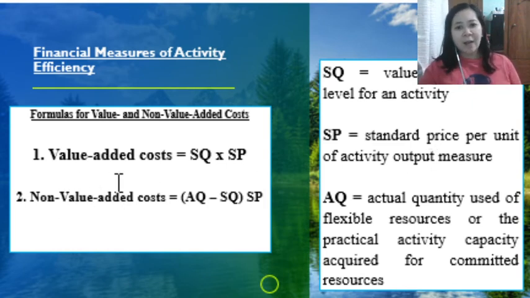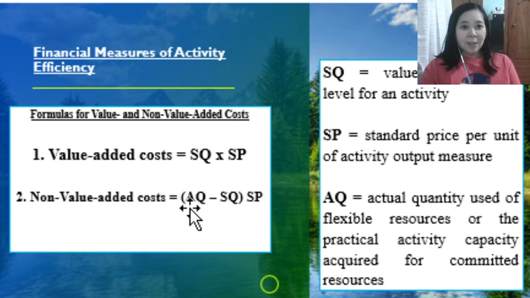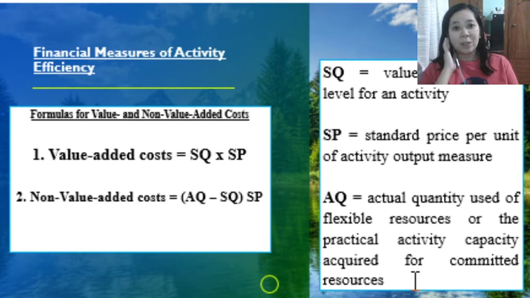For the non-value added costs, our formula is the product of AQ minus SQ multiplied by SP. SQ and SP were already defined. What about AQ? AQ is the actual quantity used of flexible resources, or the practical activity capacity acquired for committed resources.